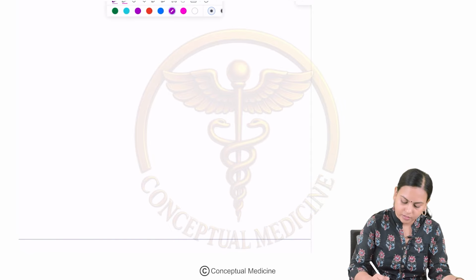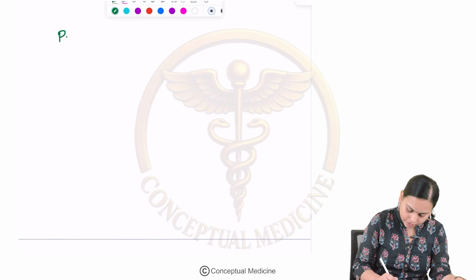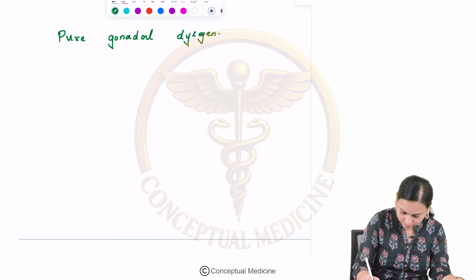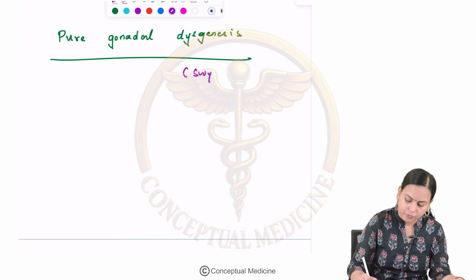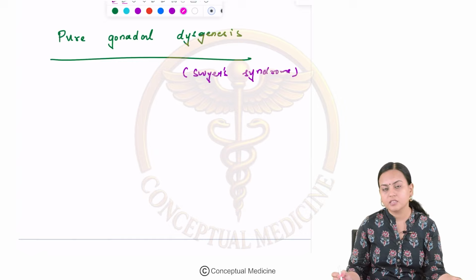First one is pure gonadal dysgenesis, nothing but your Swyer syndrome. So what happens in this syndrome?